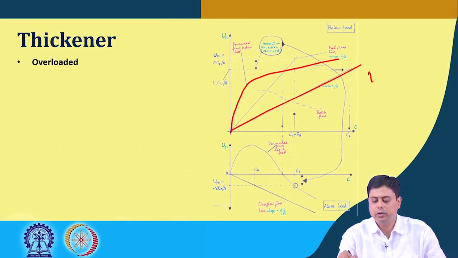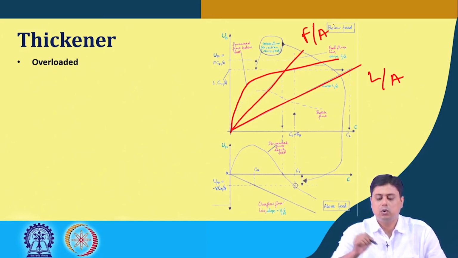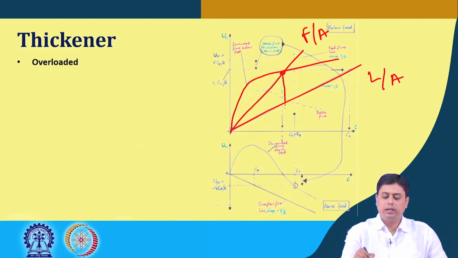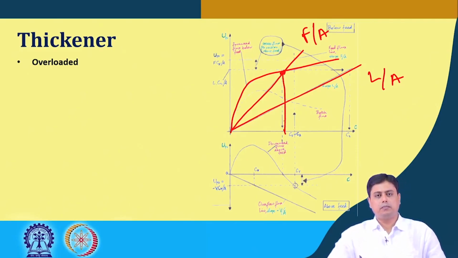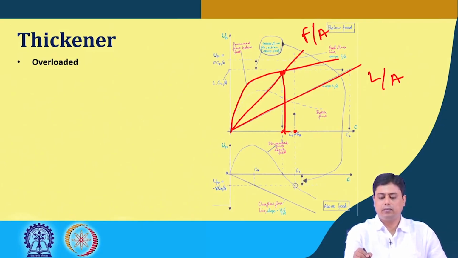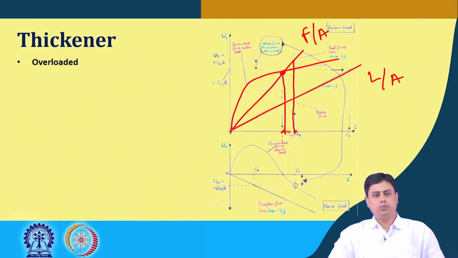This is the line with slope L by A, this is the line with slope F by A, which means our critical point is this one. But say the thickener is operating with a Cf that is in excess of that, which means the scenario is overloaded.